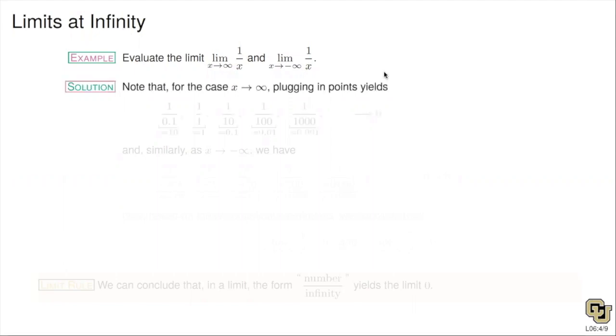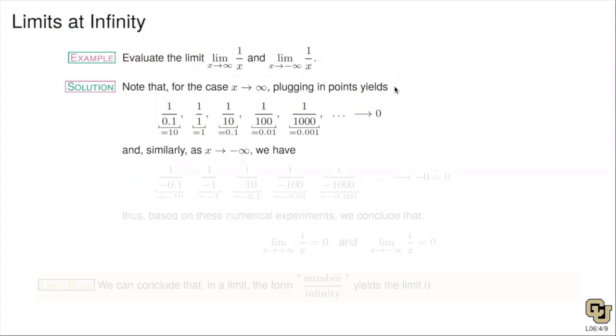So here, let's do the limits just by plugging in points. I'm going to make the denominator larger and larger. And when you make the denominator larger and larger, the fraction gets smaller and smaller. So as x goes to infinity, it seems like the limit goes to 0.